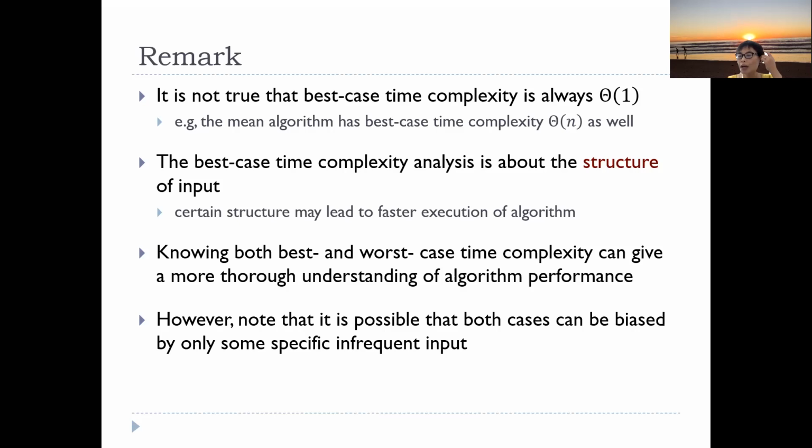So just because the worst case time complexity of an algorithm is say n to the power of 10, doesn't necessarily mean this is a bad algorithm. It could be that there's only one type of input that would make the algorithm run very slowly.